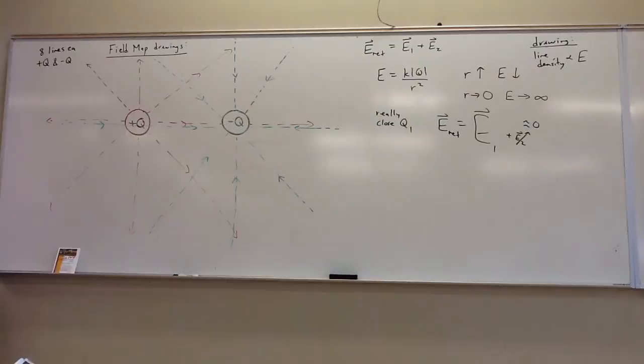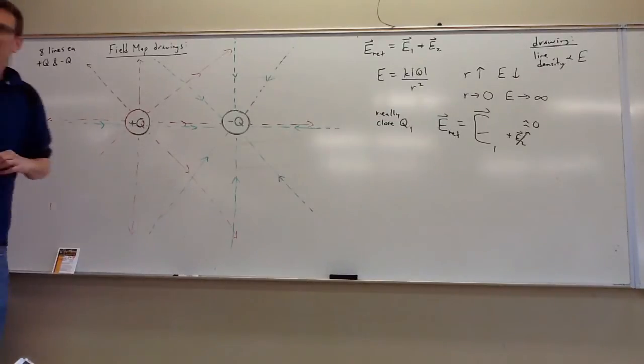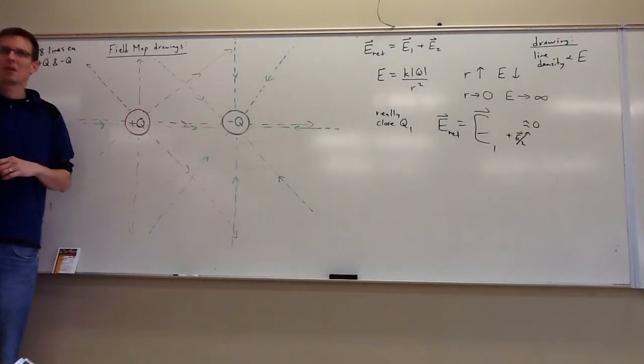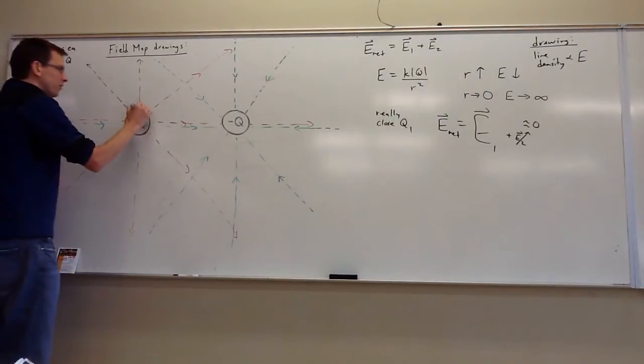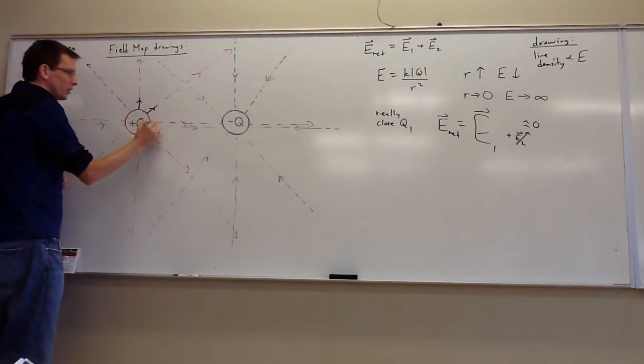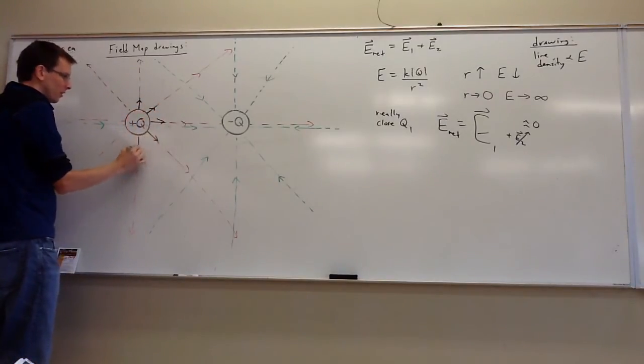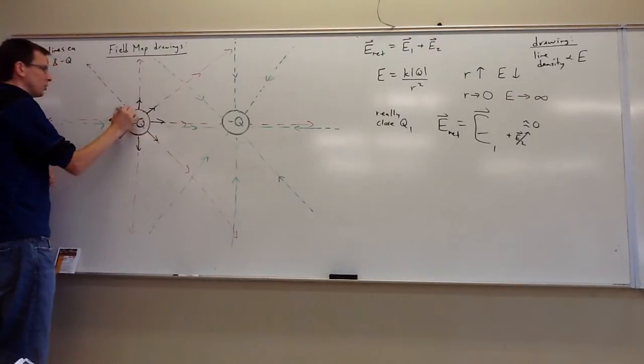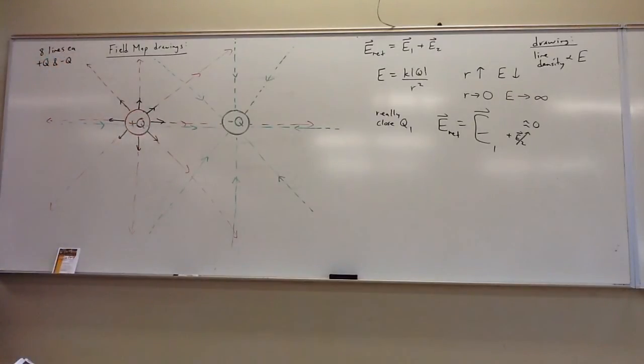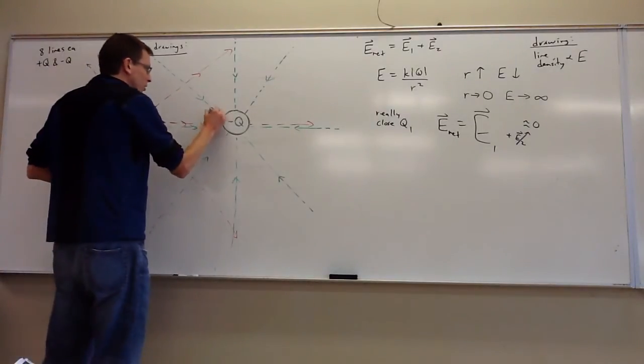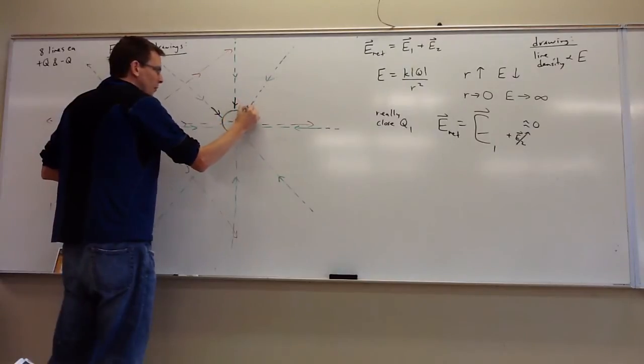And so here is where I'm going to come in, not with a dotted line, but with black, coming in to sketch E net. And one of the first things I can do is just trace very close to one charge. E net is basically indistinguishable from the electric field of that charge alone. You're right in the face of one charge, the other one makes a negligible contribution, right? And same thing with the other one. When I'm really close to the green charge, that basically dominates E net.